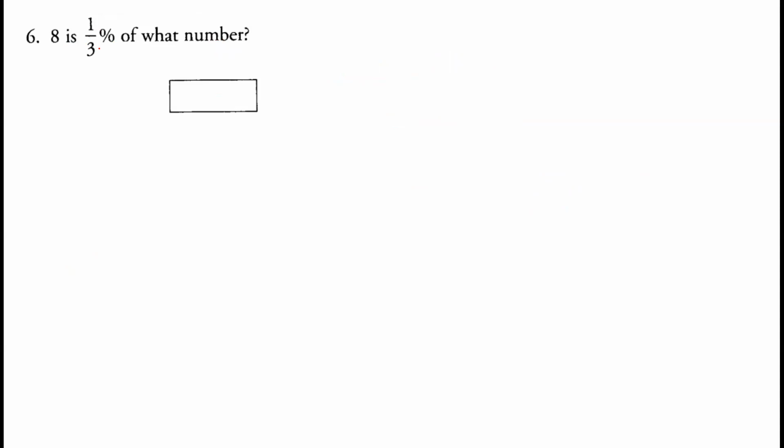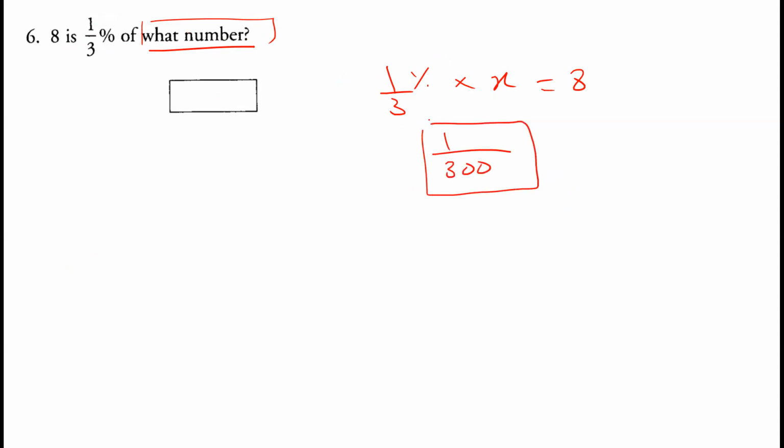8 is 1/3% of what number? So 1/3% multiplied by x, this is what number? 1/3% of x equals 8. So we can say 1/300. From where are we getting this 1/300? It's 1/3%, so 1/3 is a percent, so over 100.